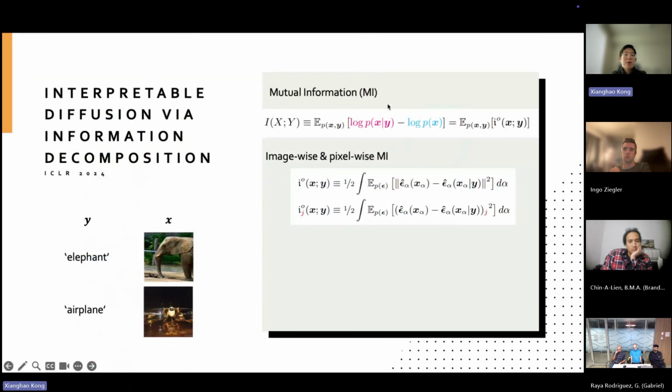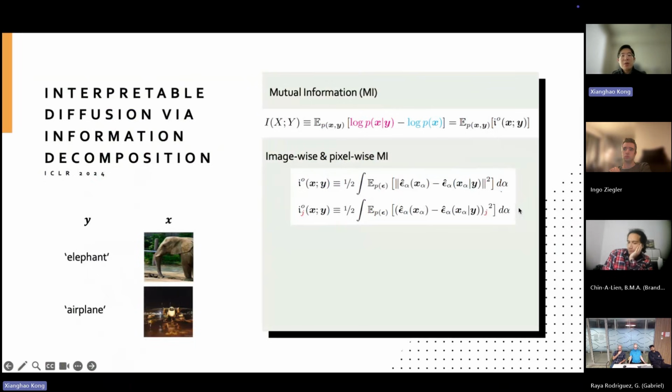After that, we can calculate two kinds of mutual information: one is image-wise, one is pixel-wise. The image-wise one means that for a given image and a given prompt, they output a specific value, the mutual information between those two variables.